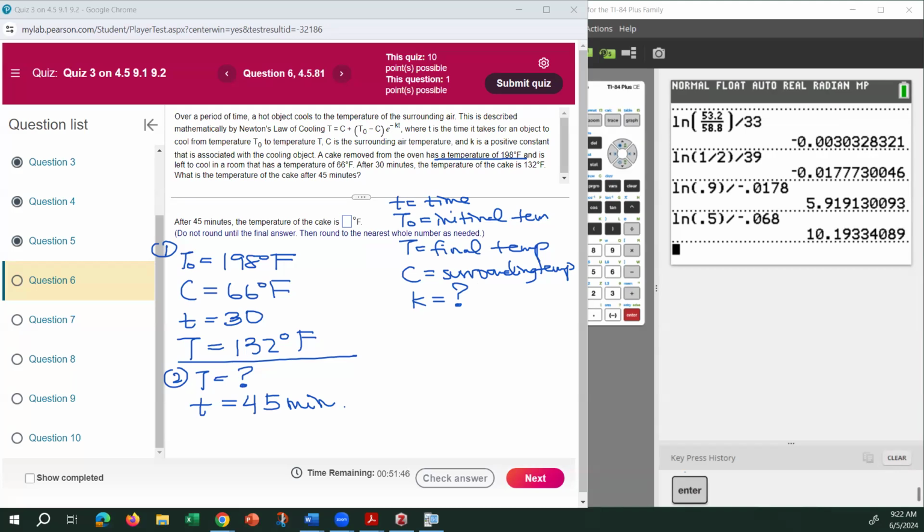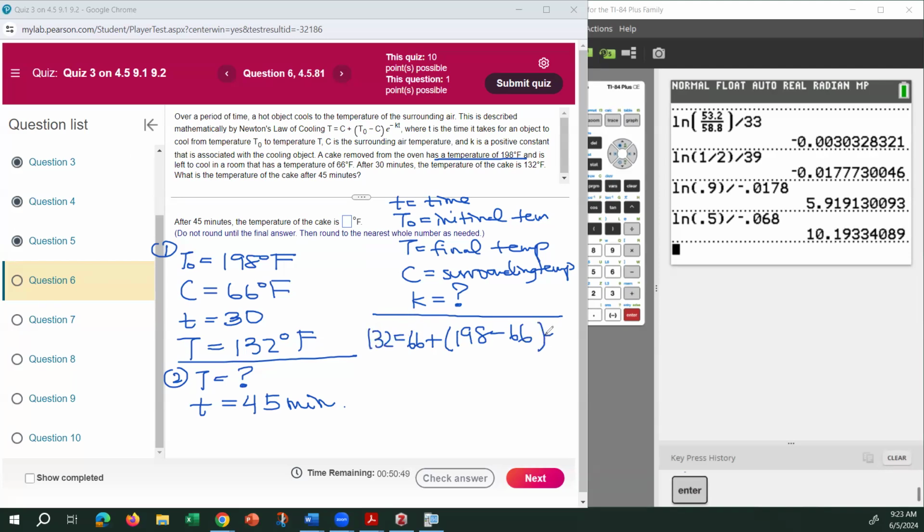Okay, so let's go ahead and do that. Given the model, we have T is equal to C, which is 66, plus the initial temperature, which is 198, minus the 66. I forgot that we're given the final temperature, it's 132.